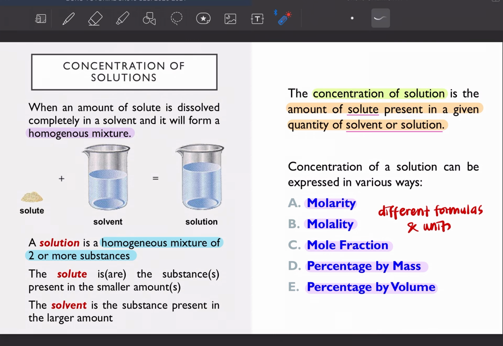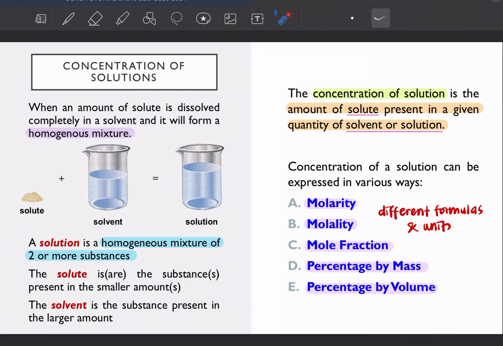There are actually five expressions for concentration of solution: molarity, molality, mole fraction, percentage by mass, and percentage by volume. These expressions have different formulas and units.